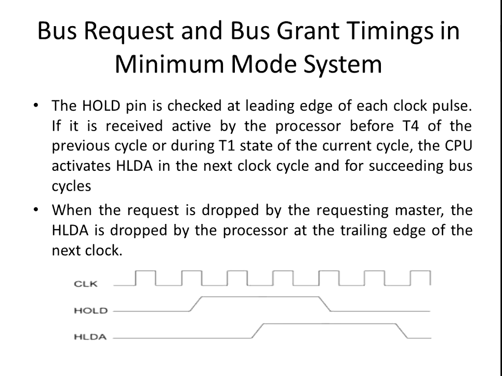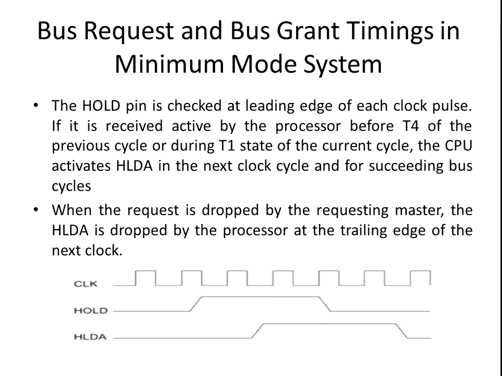So the control of the bus is not regained by the processor until the requesting master drops the HOLD pin low. So it will wait for the HOLD pin to go low. When the request is dropped by the requesting master, the HLDA is dropped by the processor at the trailing edge of the next clock.